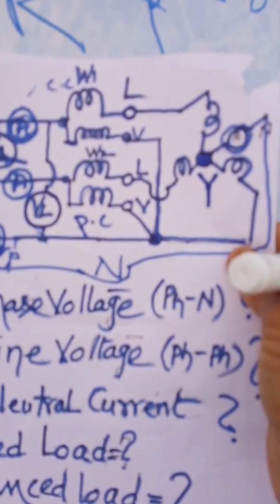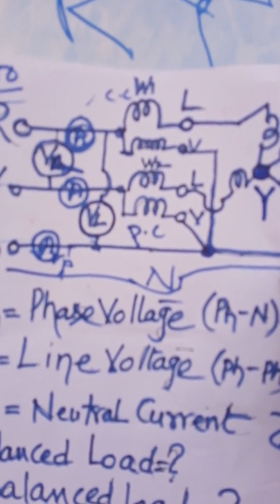Next question: how will you measure VL, IL, V phase, I phase, IN in an unbalanced three-phase load? Here is the circuit. You see the circuit shown here for measurement of VL, IL, V phase.